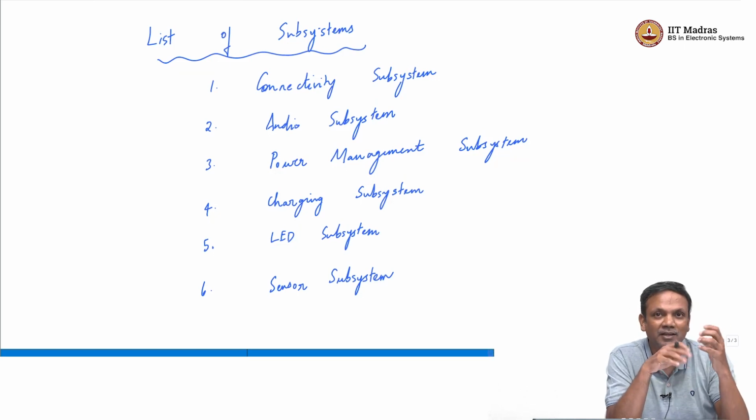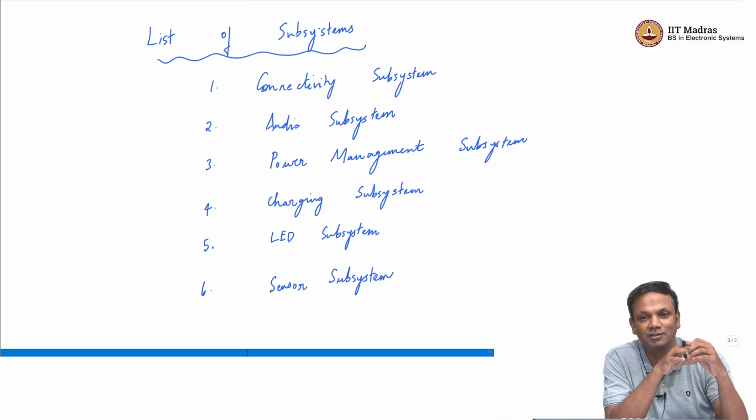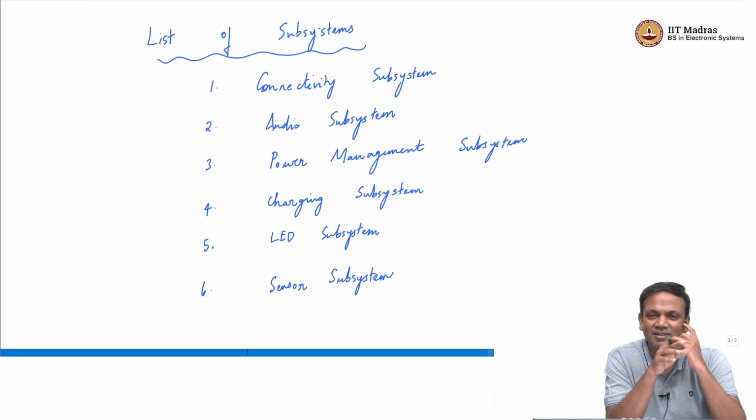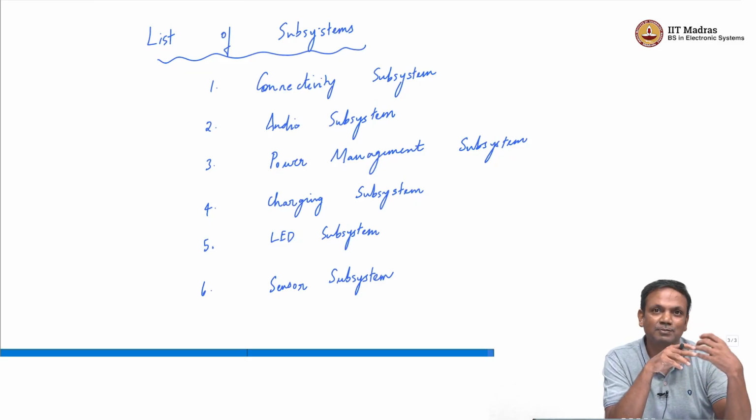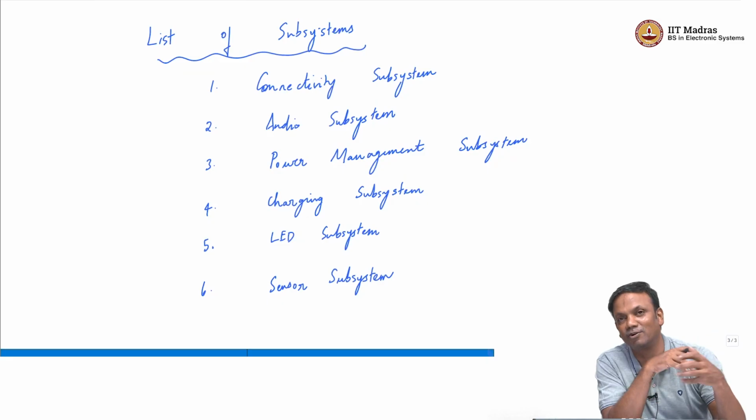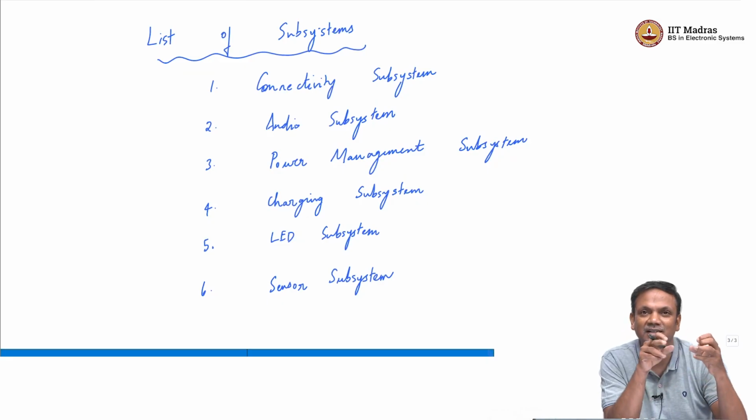Does that now mean that, as an embedded system engineer, you should know the in and out of all of these subsystems? Imagine that. Can I be an expert of a connectivity subsystem? Can I also be an expert of an audio subsystem? Can I understand every block that goes into these subsystems?